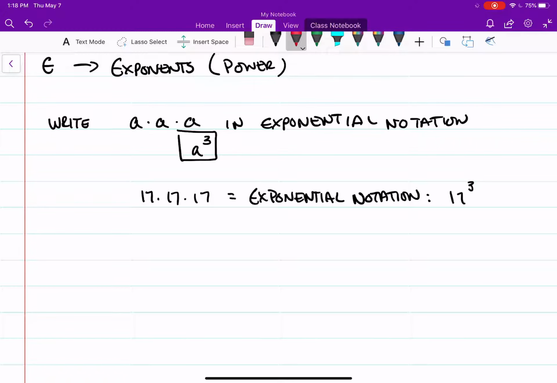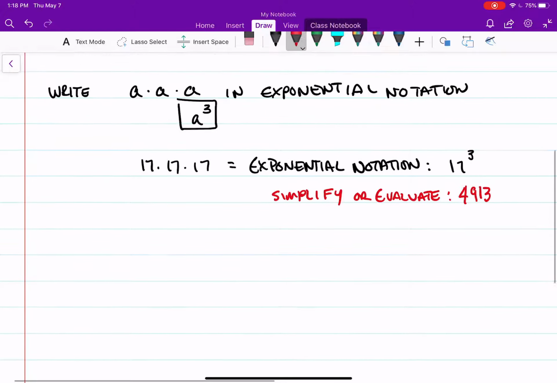But if I ask you to simplify or evaluate, then you're going to have to do the 17 times 17 times 17, which gives you a very big number, 4,913. Okay, so depending on what the direction is asking for is what you would put down.